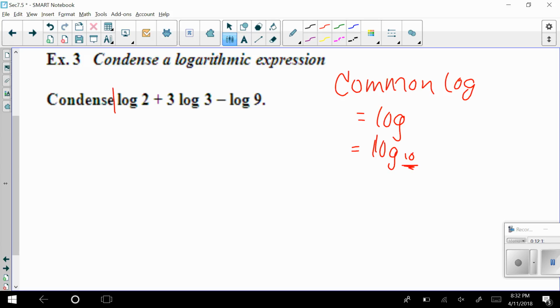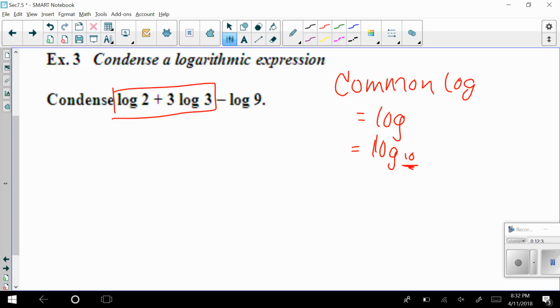So this means adding means that we're going to use the product property, because the product property says that log base b of m times n is the same as log base b of m plus log base b of n.